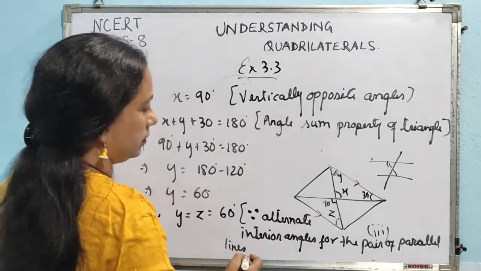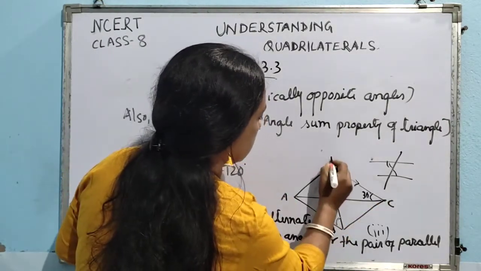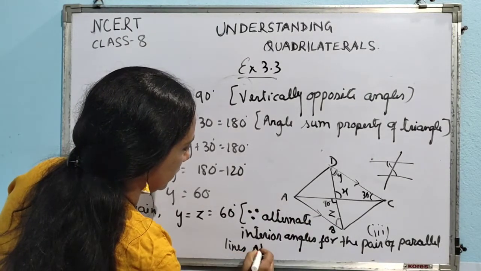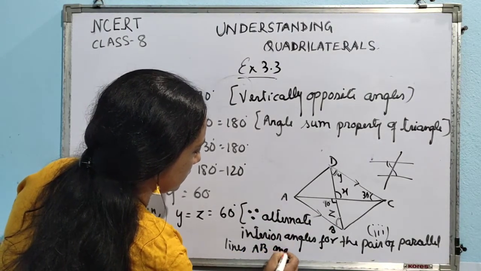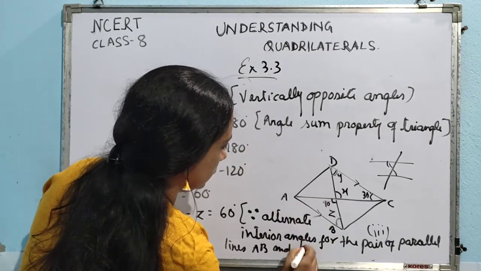Okay, I am giving some name A, B, C, D. Alternate angle for the pair of lines AB and CD. AB and we will write DC.